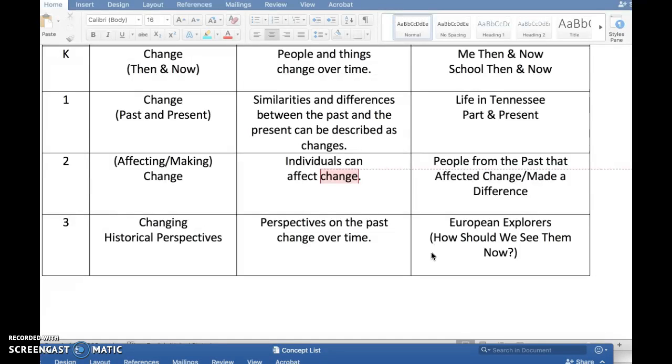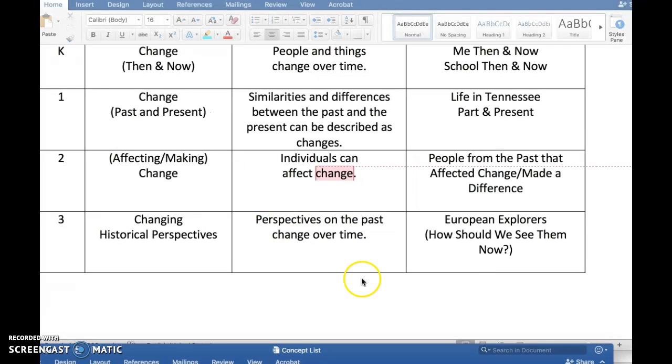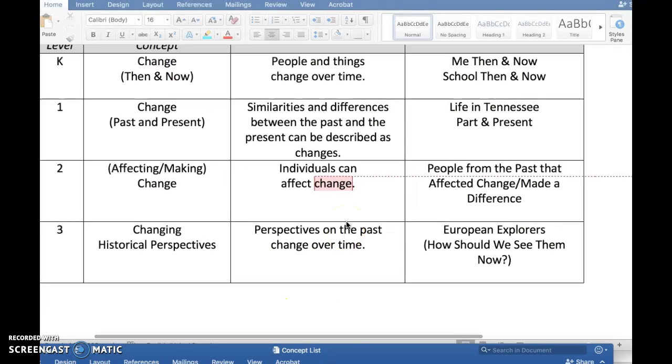But there are other topics within the third grade standards that could be used with the same idea that our perspectives on the past change over time, in response to new historical evidence that has emerged and in response to changes in society and the way that we think about different groups of people. So that can be explored in multiple ways.